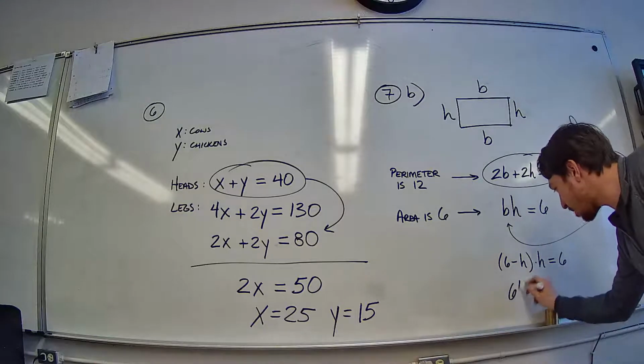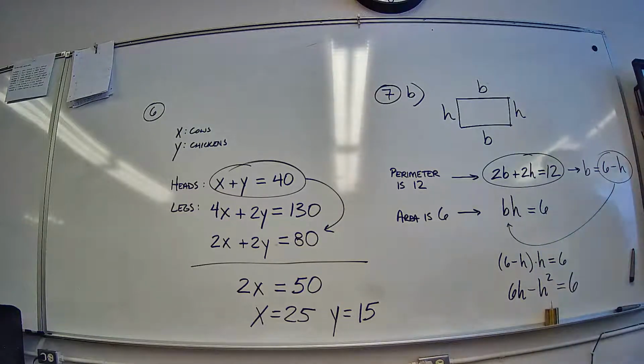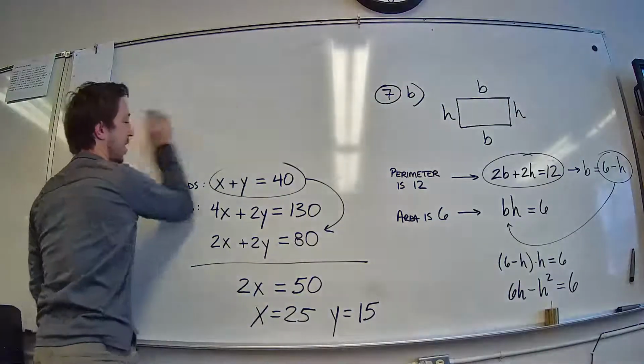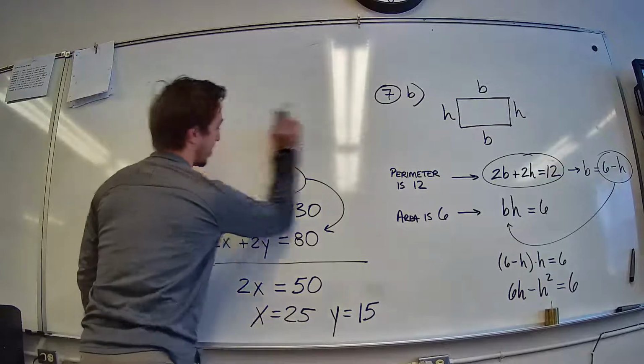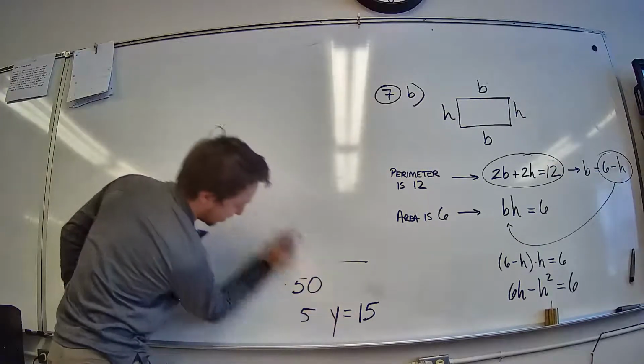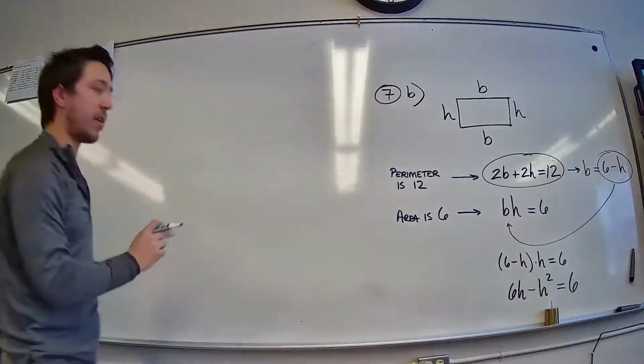But okay, so what does this say? This says 6h minus h squared equals 6. Just because you guys are worth it, we'll finish the problem, even though by now this question should be relatively simple for you.